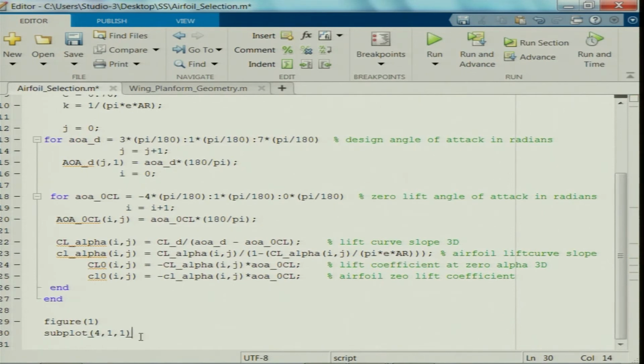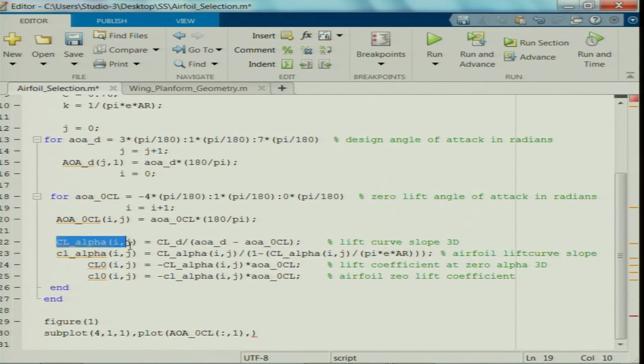So, let us talk about only 4, the rest, if you are interested, you can consider plotting. So, what I am interested in right now is plotting angle of attack for 0 CL, right. So, that will remain constant, colon comma 1. I am plotting that for various design trim angle of attacks.